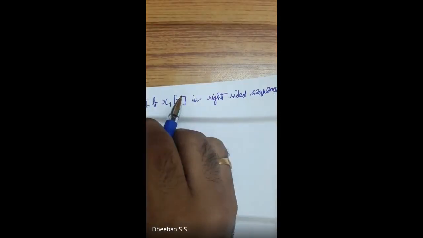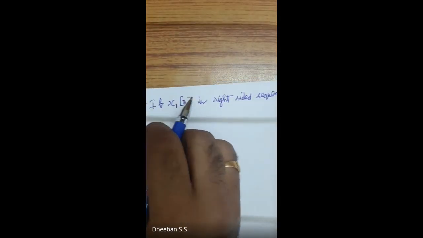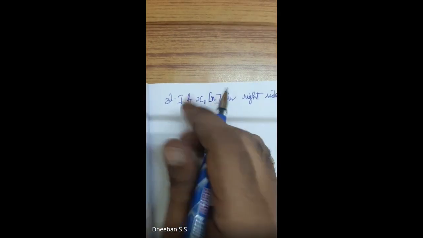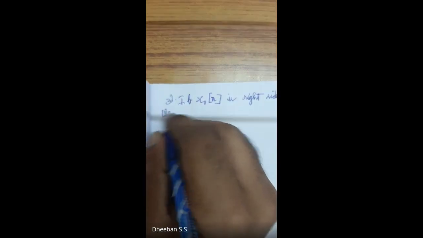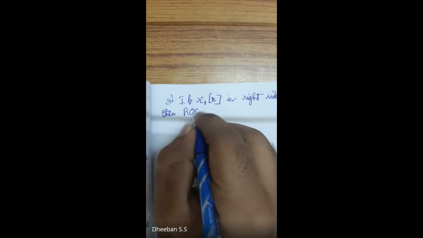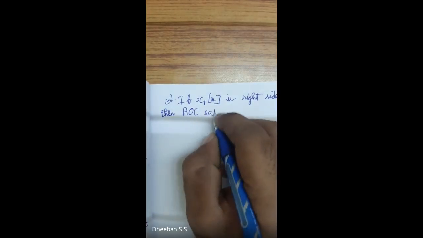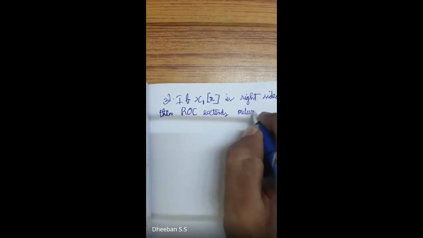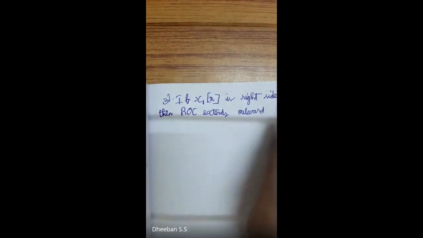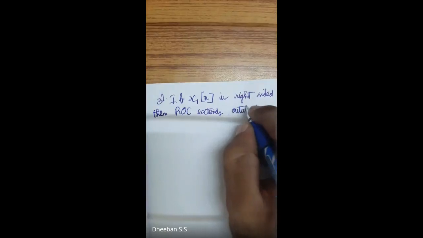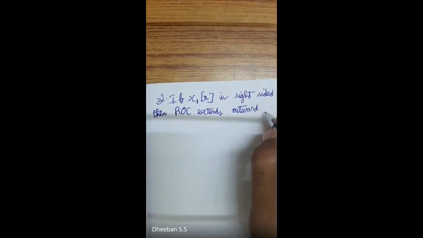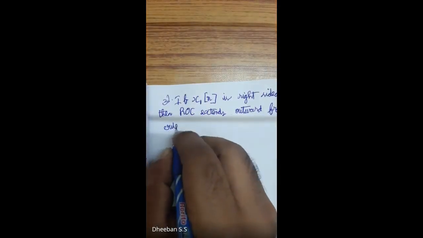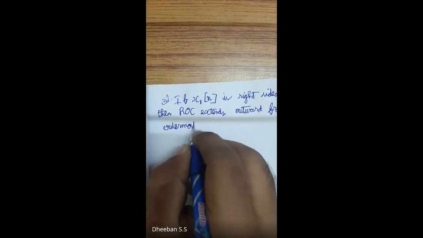Okay. If it is a right-sided sequence, then the ROC extends outward from the outermost pole.